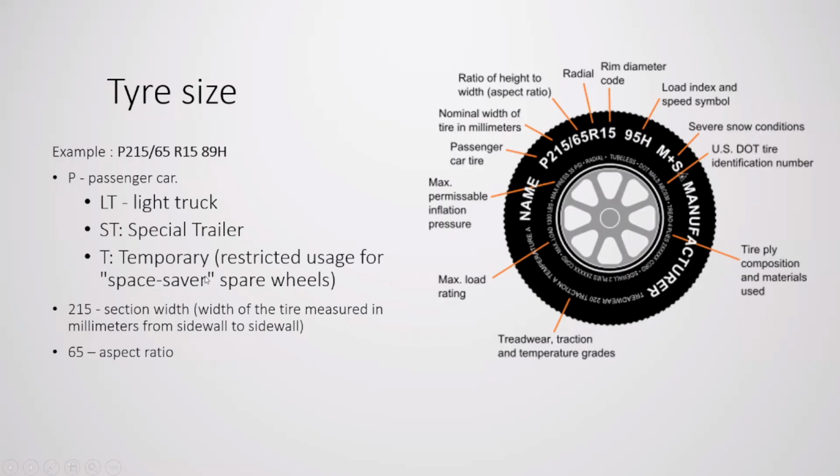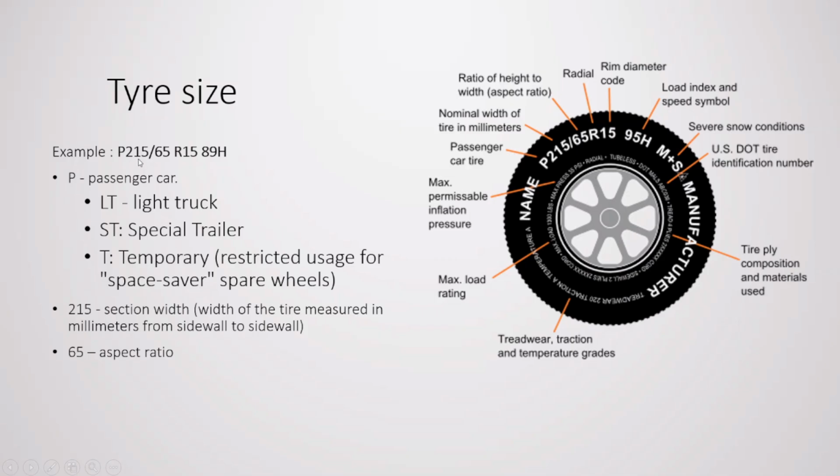Have you seen some spare wheels? We call them solid tires. On those we can see the letter T. T means it is only for temporary use, right? These are space saver spare wheels. So that is the idea regarding this first English letter.